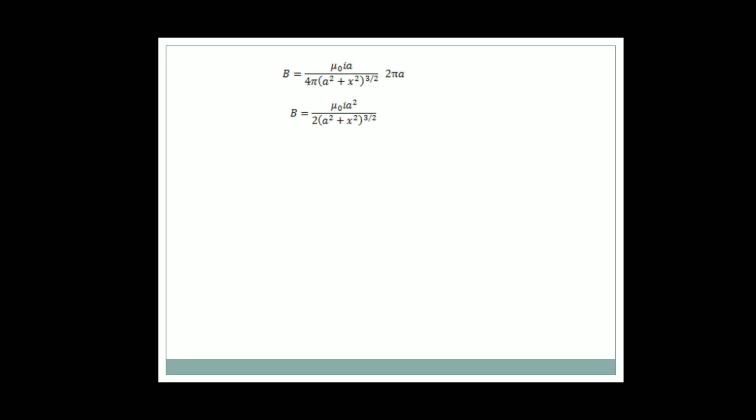This is the intensity of magnetic field due to the current carrying circular coil having one turn. If there are n turns, the intensity of magnetic field B is equal to mu naught n I a square by 2 into (a square plus x square) whole to the power 3 by 2.